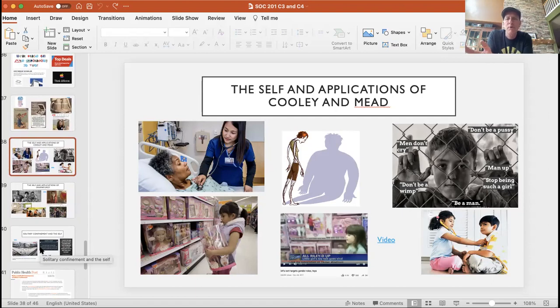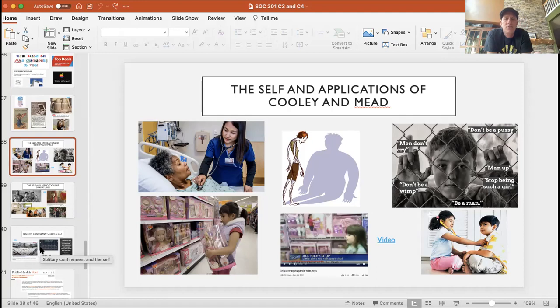In both cases, we develop a self by being immersed around others. Without being immersed around others in society, we can't develop a self. Cooley's language was that society and self are twin born. The self cannot emerge until the self is part of society itself.